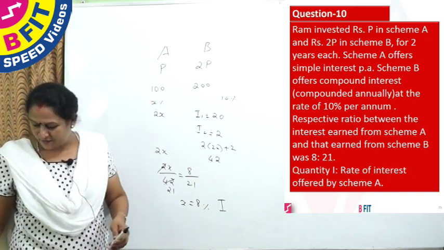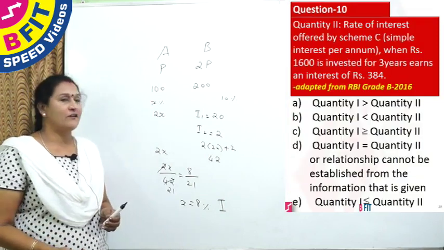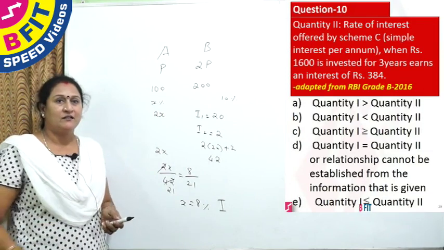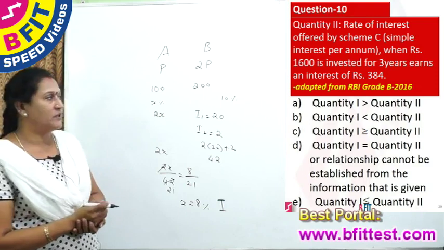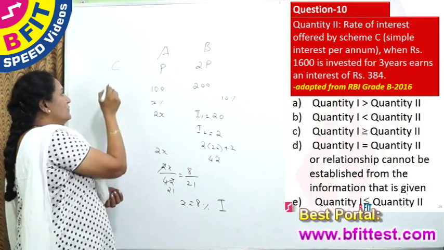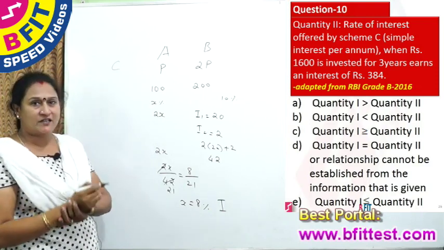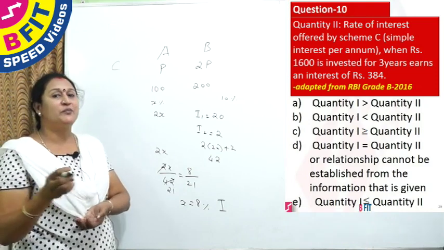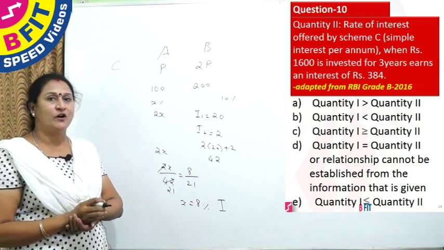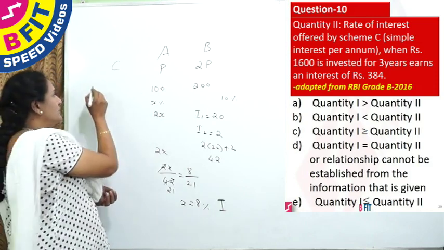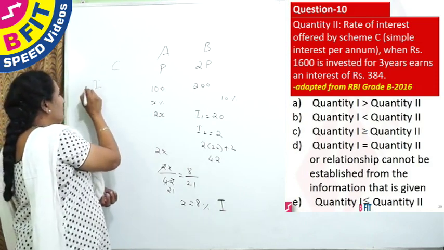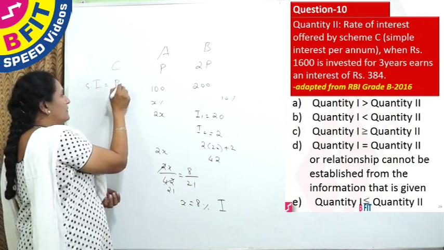And what is quantity 2? We have another set of details given, that quantity 2 is the rate of interest in scheme C. So what is scheme C? The principal is 1,600, it is given, and it is simple interest for 3 years, and the interest is 384. And how to calculate simple interest? Interest is P and R by 100.